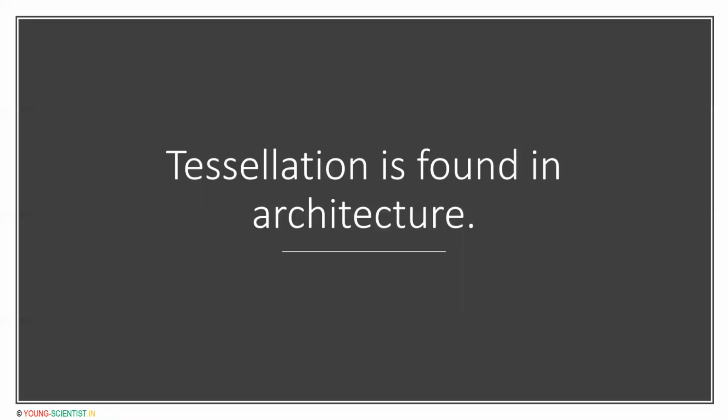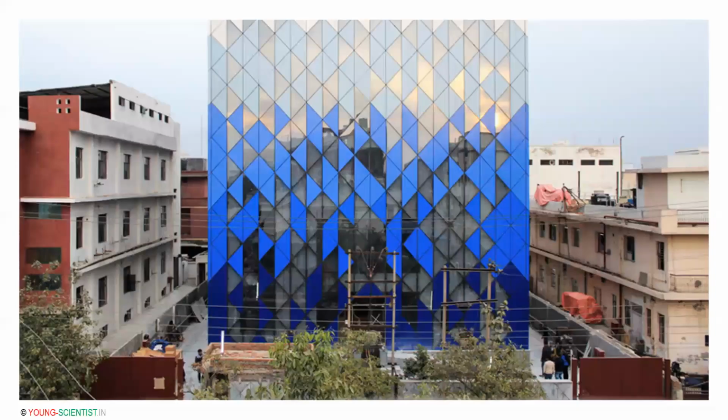Tessellation is also found in architecture. Here we see a tessellation of triangles or squares, or whatever you want to recognize this shape as.